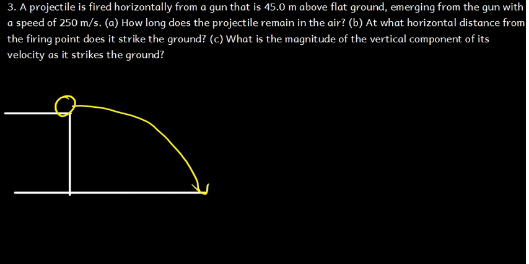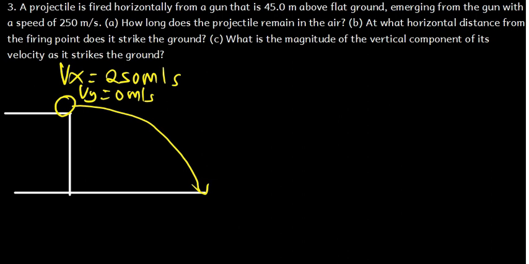So we have the Vx, which is 250 meters per second, and the Vy, which is 0 meters per second. Remember, whenever we're talking about projectile motion, the object is moving in both x and y direction. That is the reason why projectile motion is considered a motion in 2 dimensions.